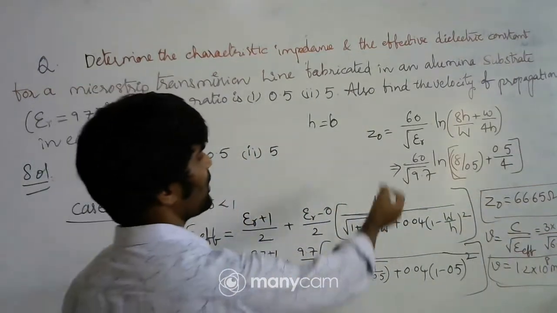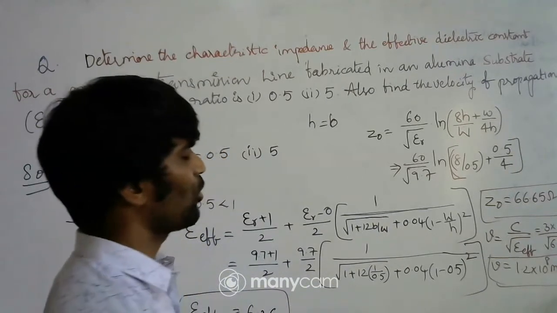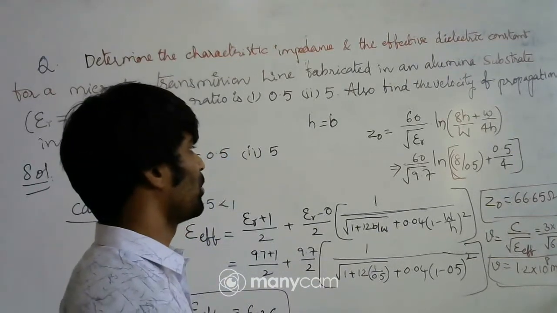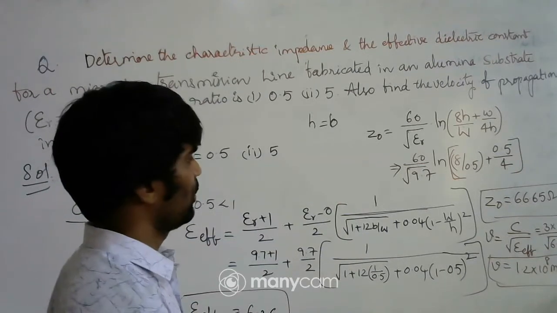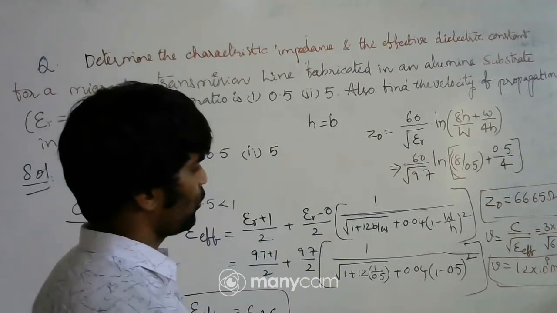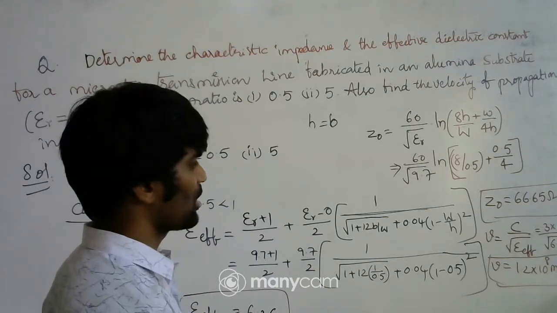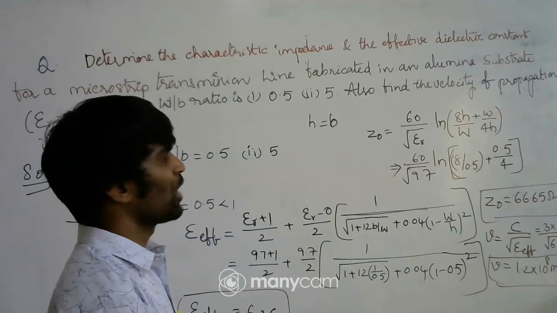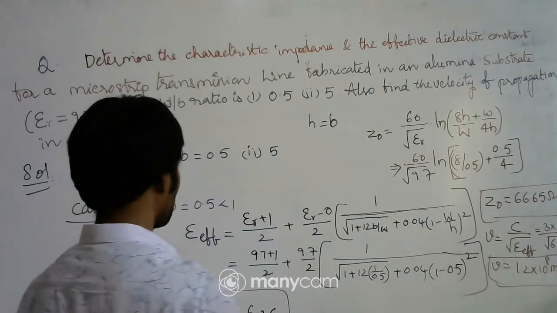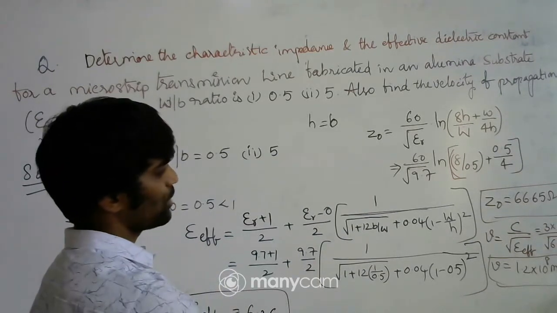So the Z0 formula is 60 divided by square root epsilon r into logarithm of 8h divided by w plus w divided by 4h. Substitute the values. Then you need to find the velocity of propagation v equals c divided by square root of the effective dielectric constant. You know the effective dielectric constant value is 6.26. Substitute that.